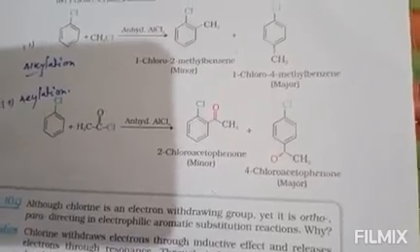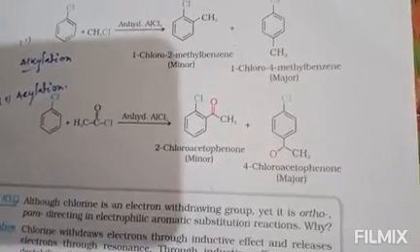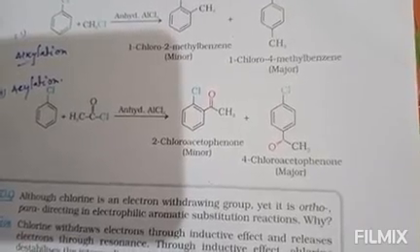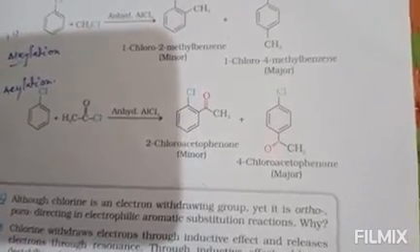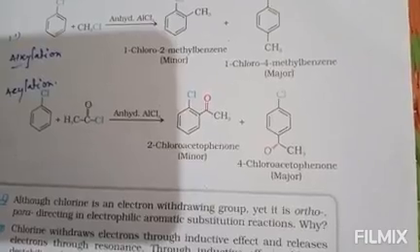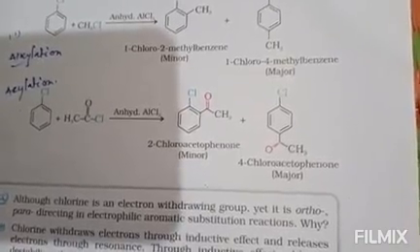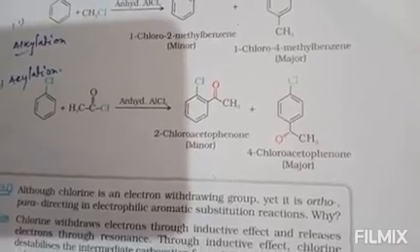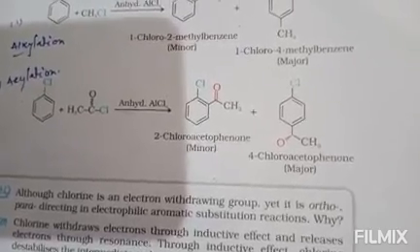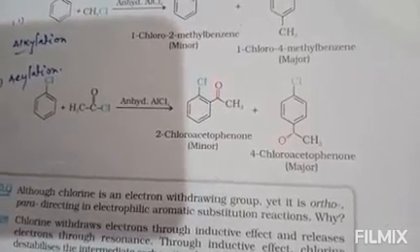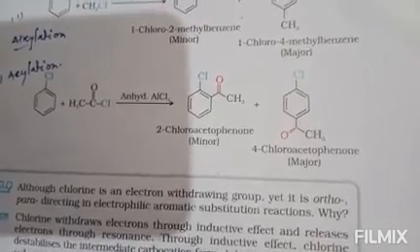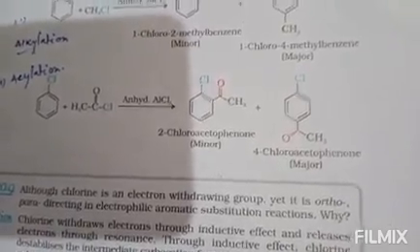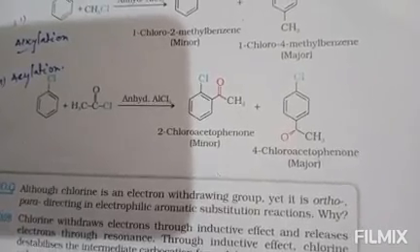Now chlorobenzene combined with acetyl chloride in the presence of aluminum chloride, then you will get 2-chloroacetophenone as a minor product and 4-chloroacetophenone as a major product. So here an acyl group, that is CH3CO, is added to your chlorobenzene. That is why it is called an acylation reaction.